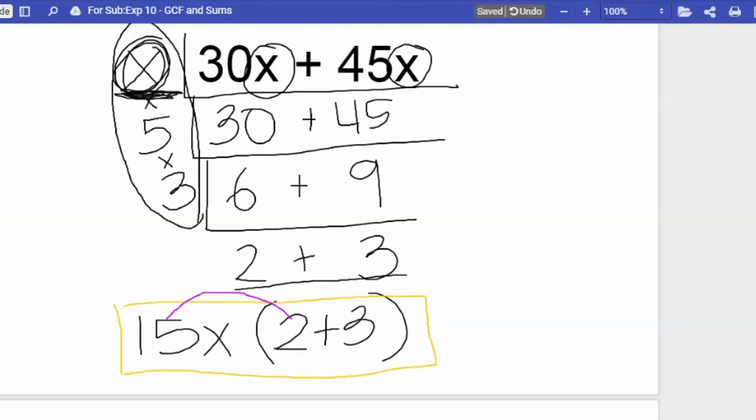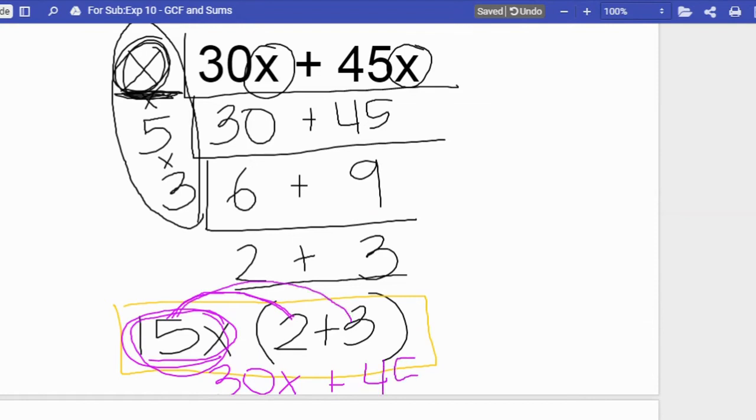That's my equivalent expression, but I always like to check it. So if I distribute the 15x times 2, well, 15 times 2 is 30, and I took that x through as well, so this is a whole term that's going through.